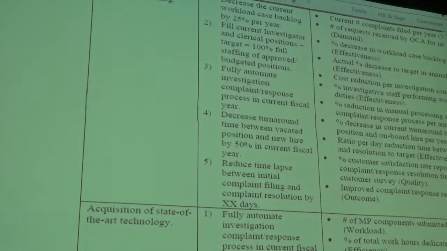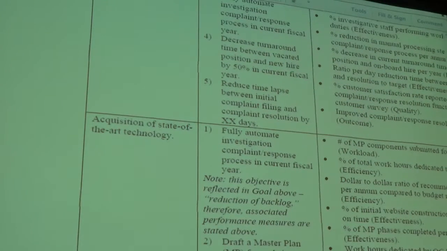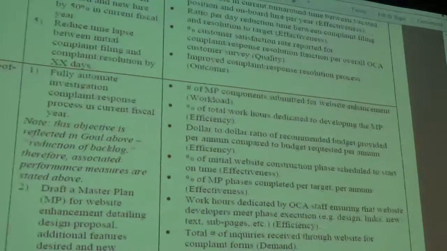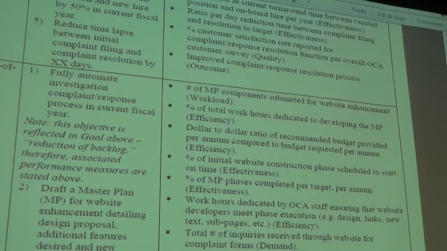On the acquisition of state-of-the-art technology, our goal was to fully automate investigations. We also linked it to the previous goal of reducing the backlog. All right, so we have key performance indicators. We have the total work hours dedicated to developing the MP efficiency.